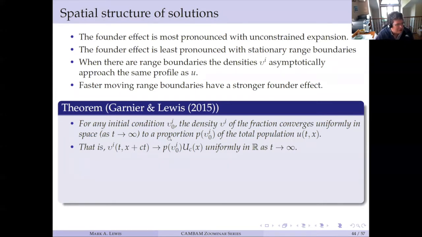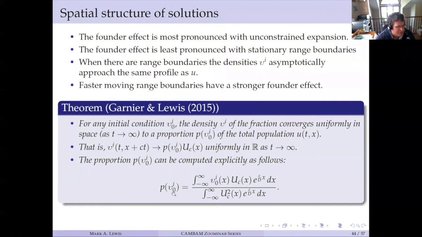For any initial condition, the density of the neutral fraction converges uniformly to a proportion of the total population density. What we're seeing with those numerics is actually possible to prove: asymptotically, each of the different neutral fractions will achieve the same profile as the traveling pulse. There'll just be a fraction of that traveling pulse, P, and P will depend on the initial distribution, v naught.